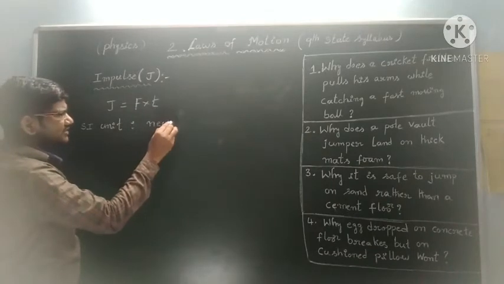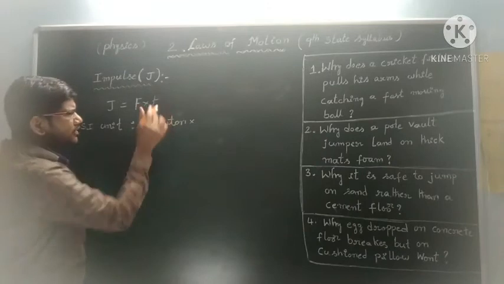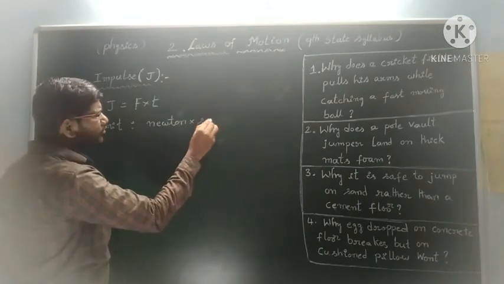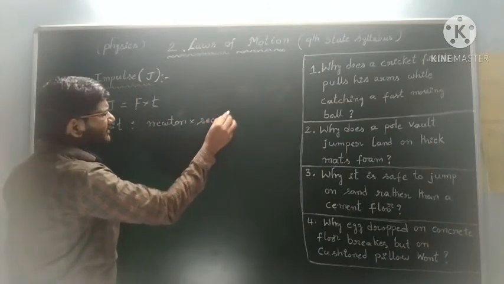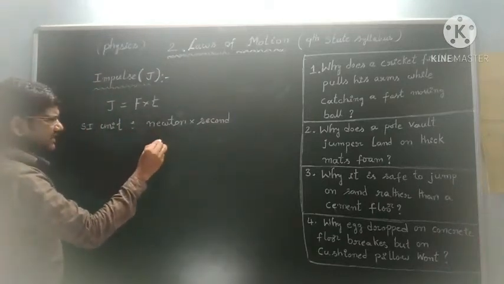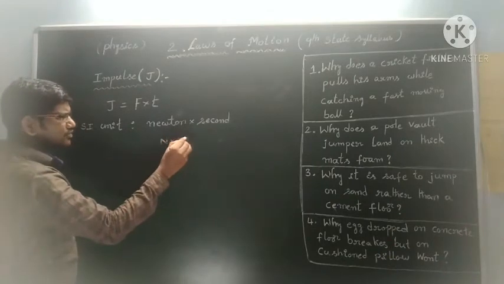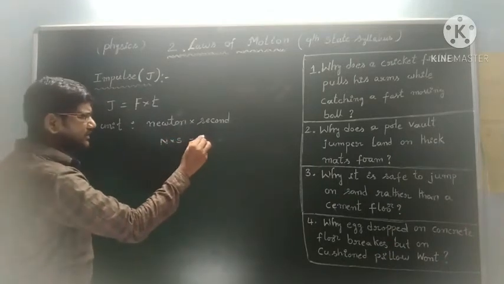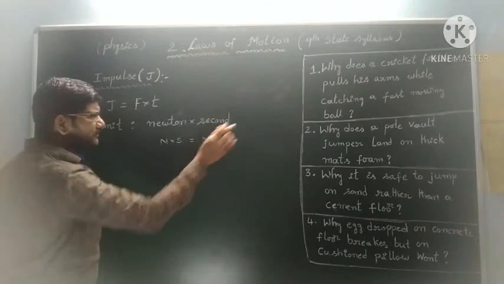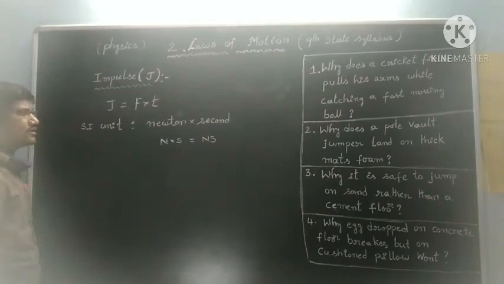Yes, you are correct. The SI unit of force is Newton and the SI unit of time is, what is that children? Second. Newton symbol is N and second symbol is S. Newton into second, or simply you can write Newton second also.